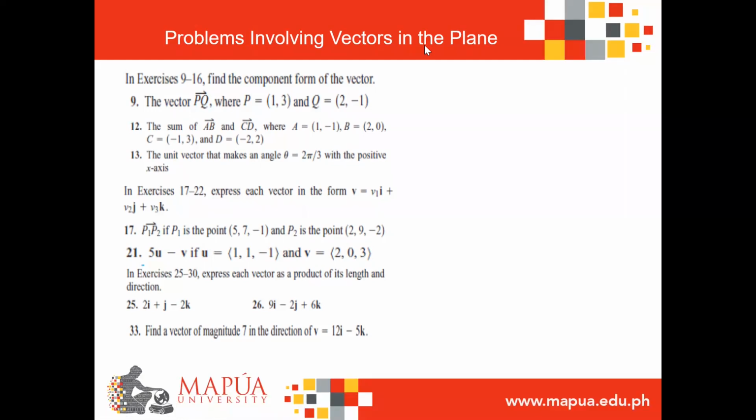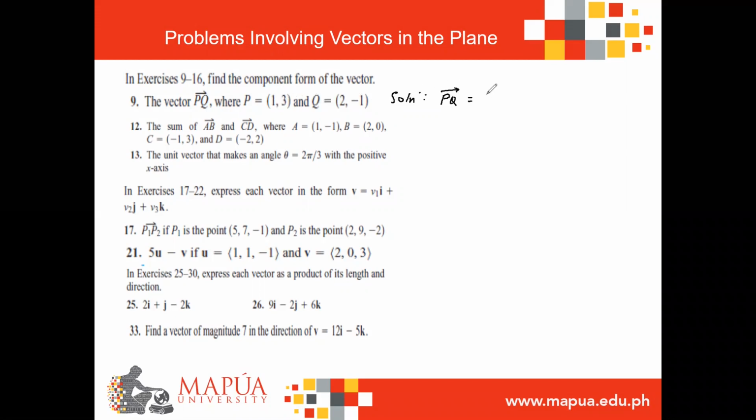So let us solve first for number 9. We're going to find the component form of the vector PQ, where P equals 1, 3, and Q equals 2, negative 1. So for this problem, the components of your vector PQ will be equal to the coordinates of your point Q minus the coordinates of your point P. So we have that formula a while ago, okay?